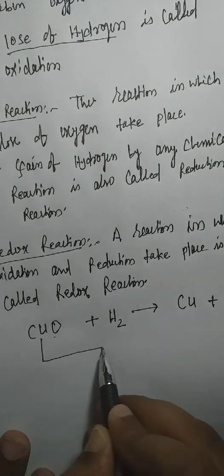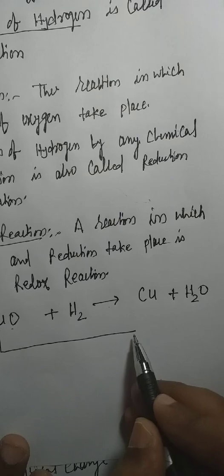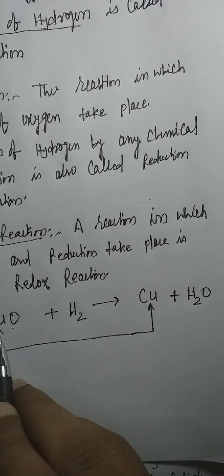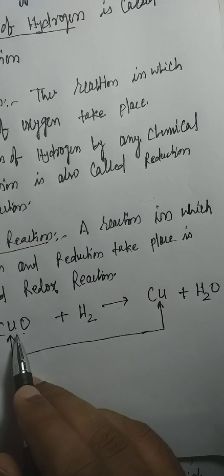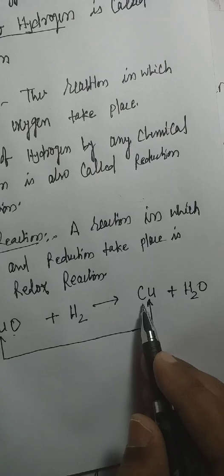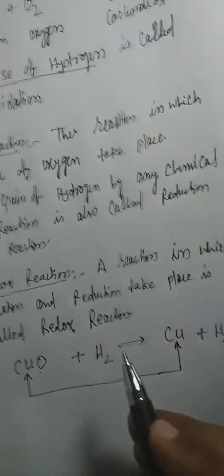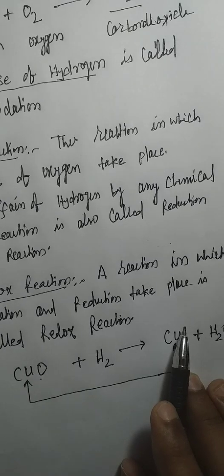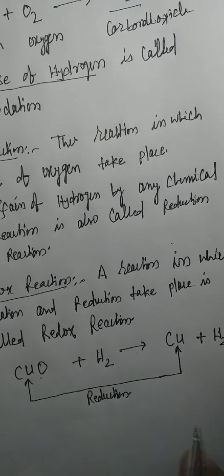The compound already has oxygen present, and after the reaction it lost its oxygen. Oxygen is lost from copper. It means, according to our definition, reduction means loss of oxygen. So you will write here, this is reduction, right?